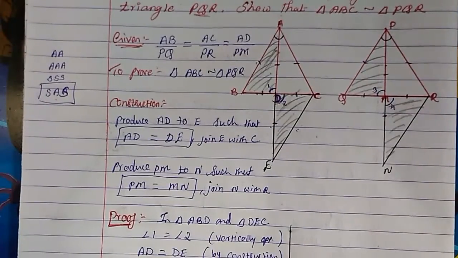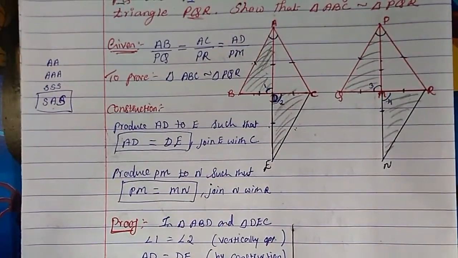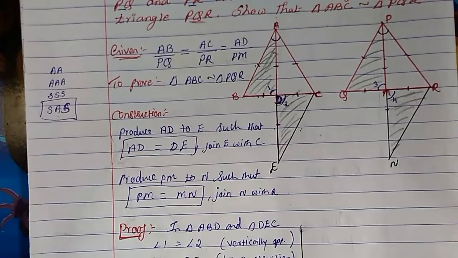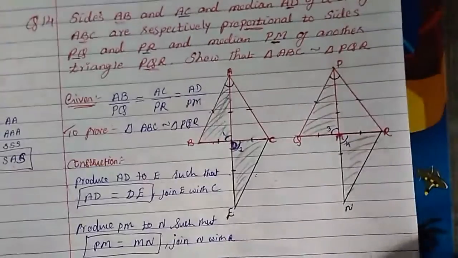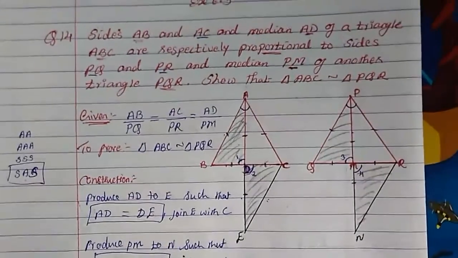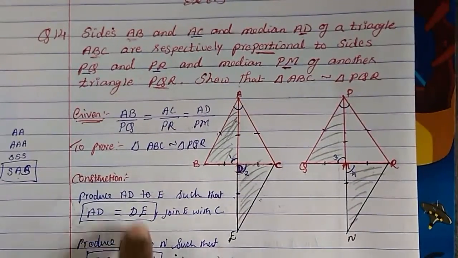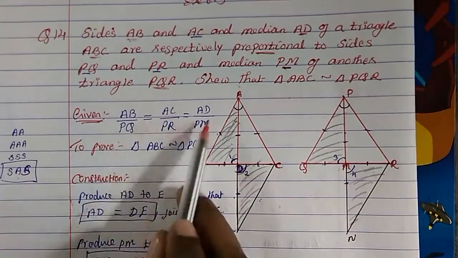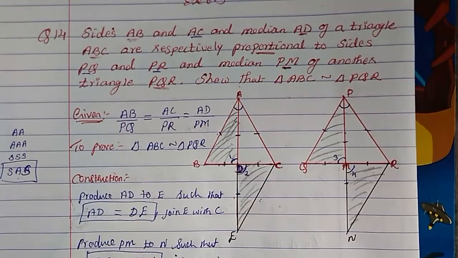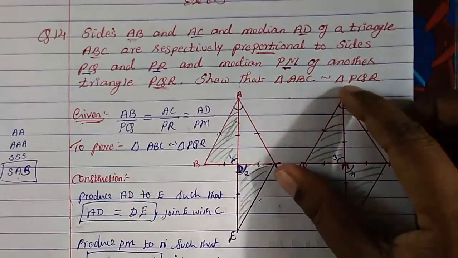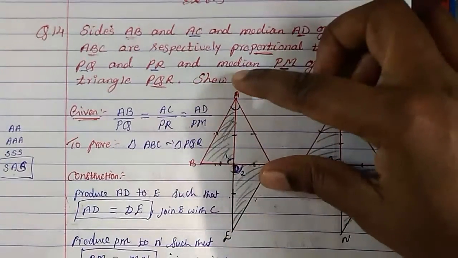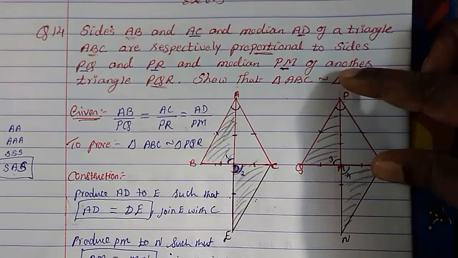Okay. Now look at these two triangles. Before turning, I'll show you what is given to us. You just look at what is given to us. Here, AB upon PQ, AC upon PR is given to us.